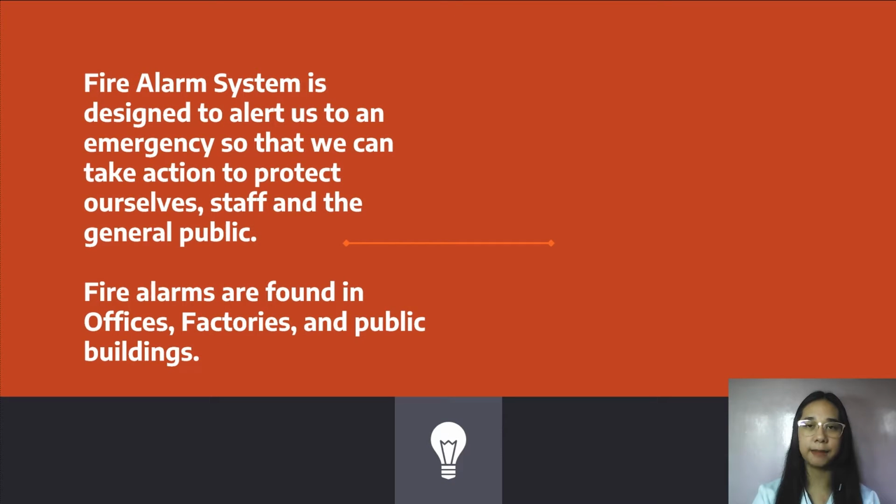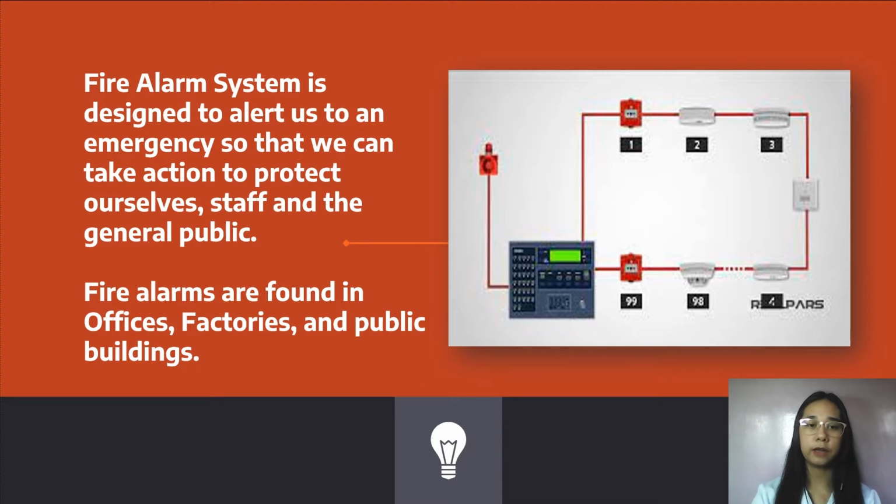A fire alarm system is designed to alert us to an emergency so that we can take action to protect ourselves, the staff, and the general public. Now, fire alarm systems are found in various places, such as offices, factories, and public buildings.